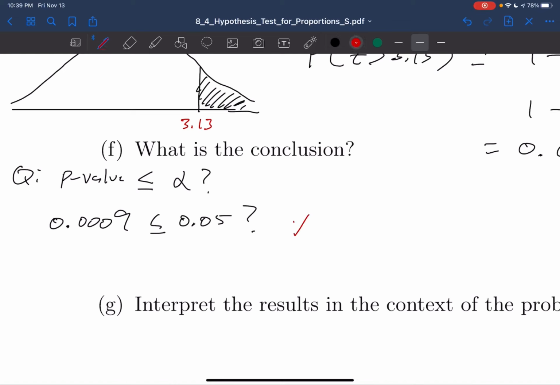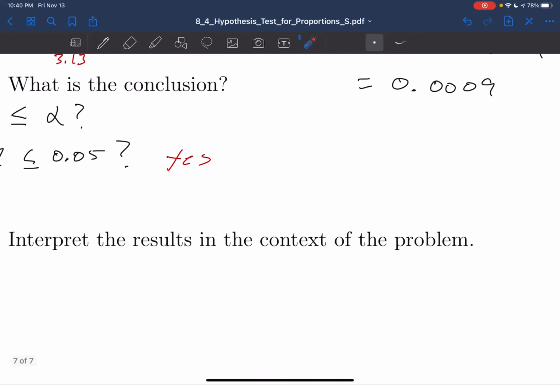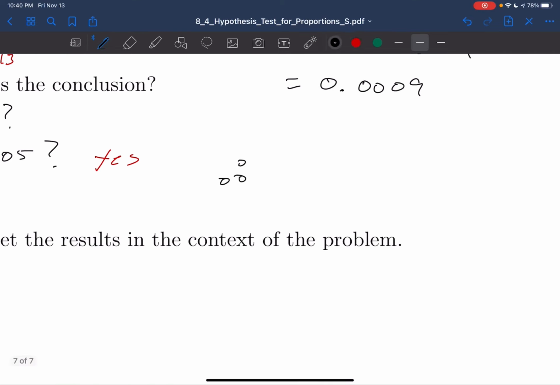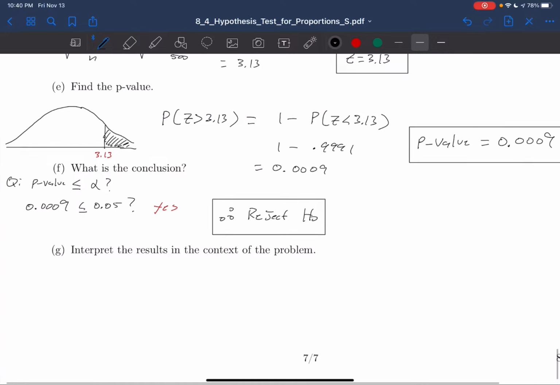And the answer is yes, because 0.0009 is a smaller number than 0.05, which is our significance level. So this is a true statement. So thus, we reject our null hypothesis. So that's our conclusion.